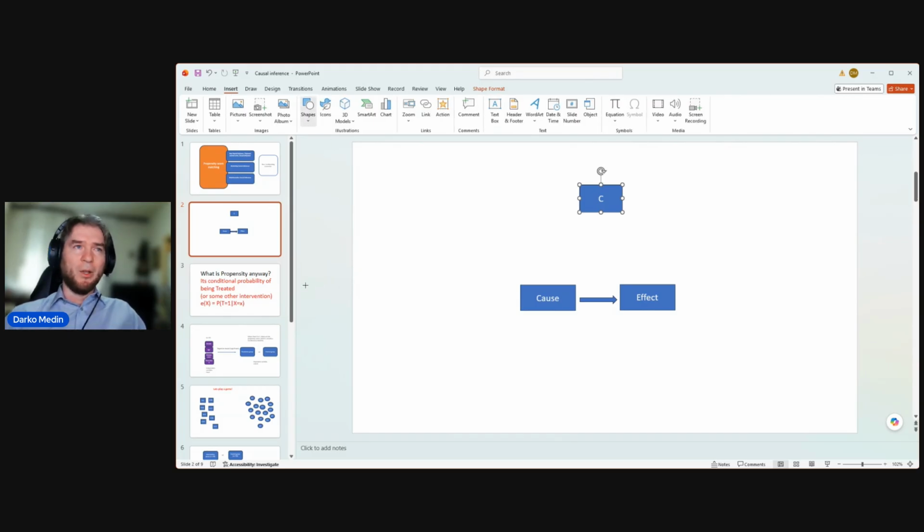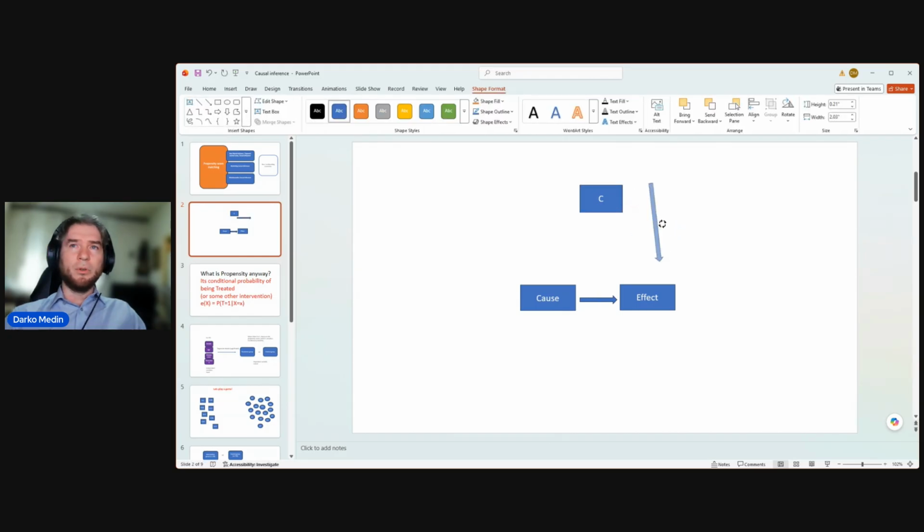Why? Because confounding variable could be related to the effect, but it could also be related to the cause. And this is a very frequent situation in the real world around us.